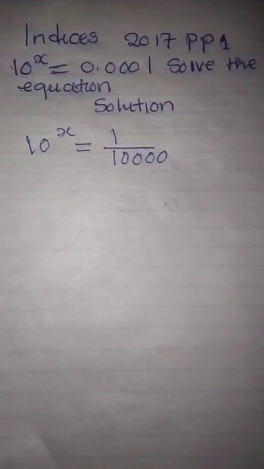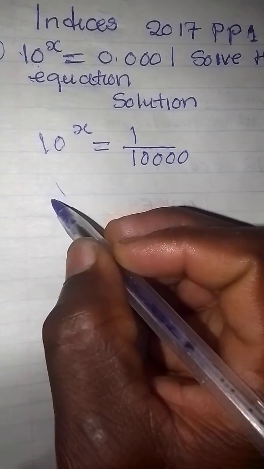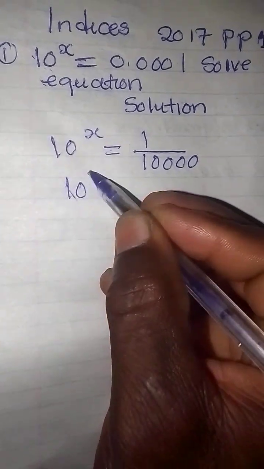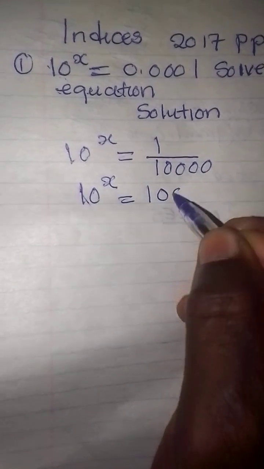We learned that a fraction of n is just equal to the inverse. So we're going to turn that 1 over 10,000 to the inverse. What is the inverse of 1 over 10,000? We'll bring it like this: 10 to the power x equal to 10,000.